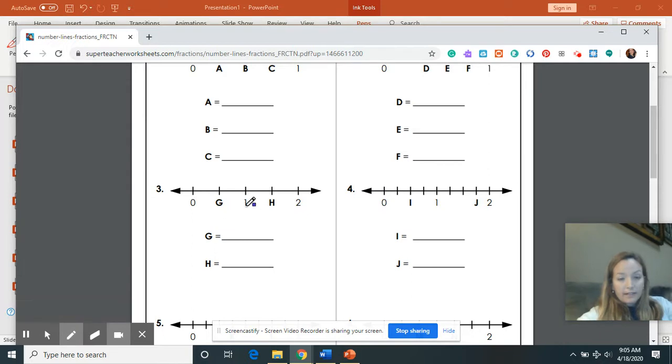So right away, I'm going to take a look at this number line, and although it looks the same in length, this number line is representing 2 wholes. I see 1 whole here. I see a 2 whole here. Now, this number line is showing 2 wholes.